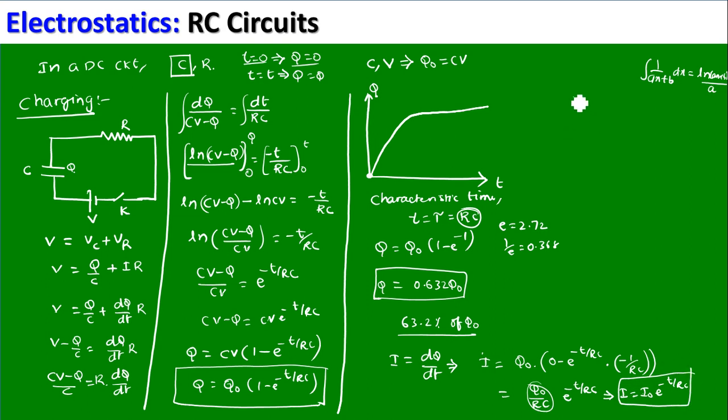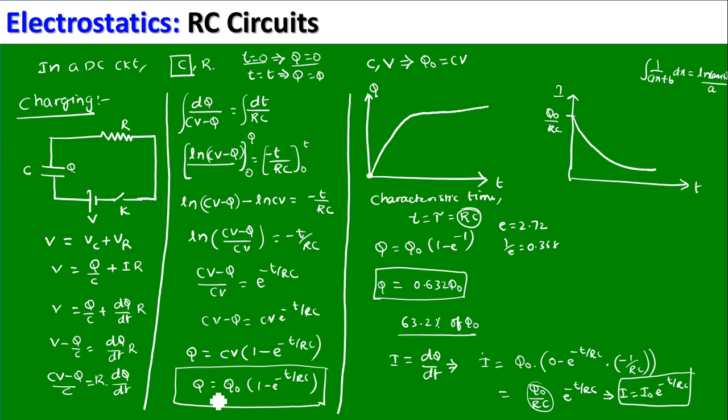If you want to draw the graph, it is actually an exponential decay. Current is going to decay exponentially, like this. You understand? Next, the maximum current is going to be q naught by RC here. Next, if you want to see the voltage drop, you know q is equal to CV.